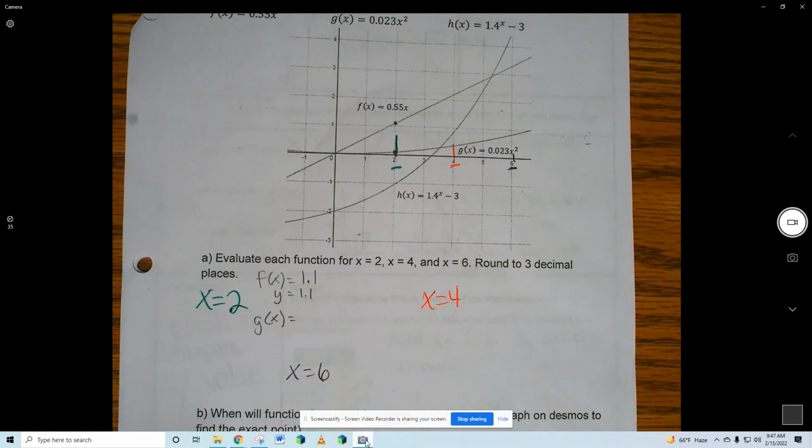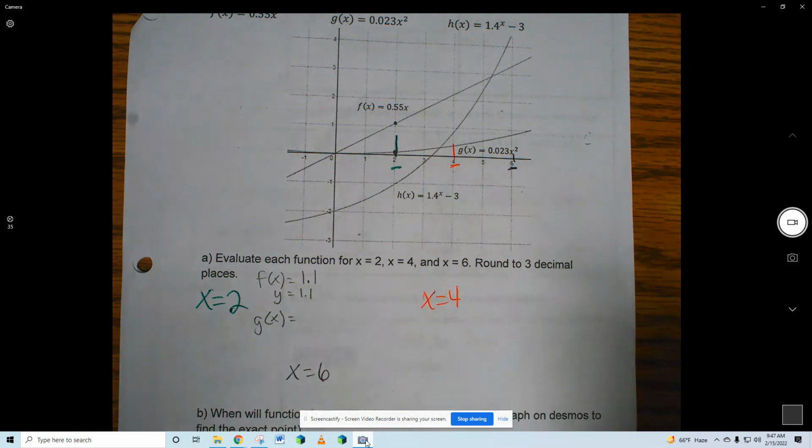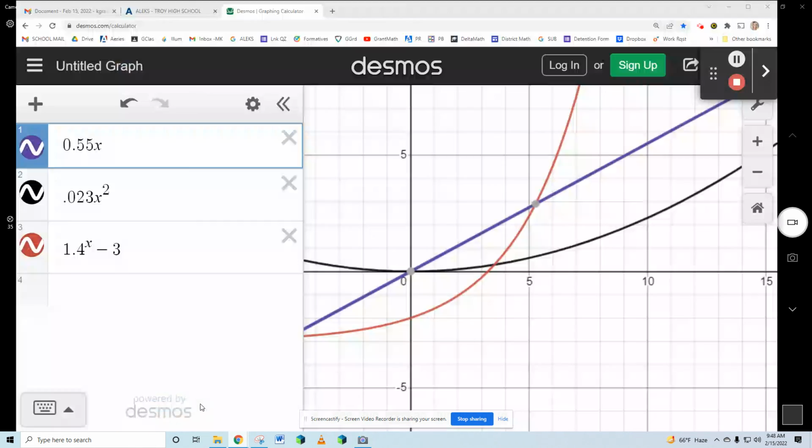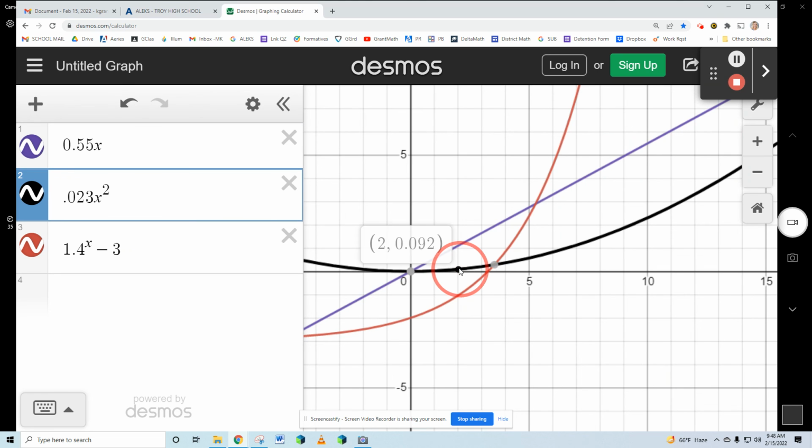There's only one person looking at the screen. She's helping. You should watch what she's doing so you know how to do it. What's my blue line, guys? 0 point what? 0.09? What's the deal, guys? Come on, it's here. 2 comma 0 point. Are you getting this? Everybody? 0.092.